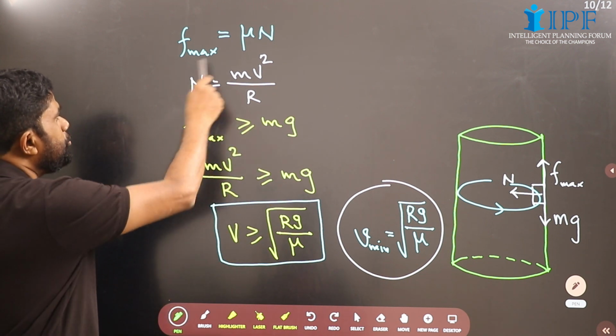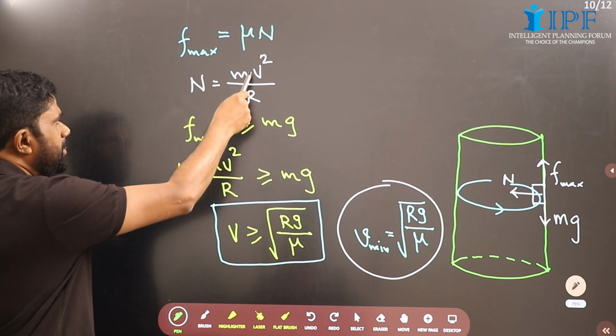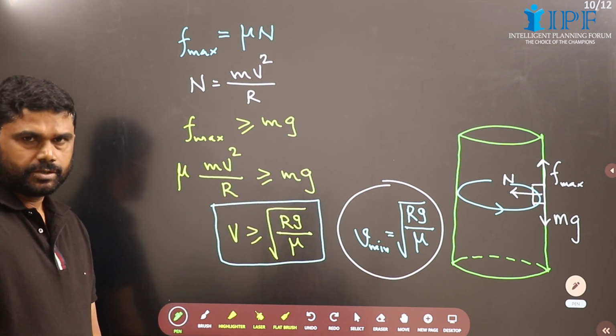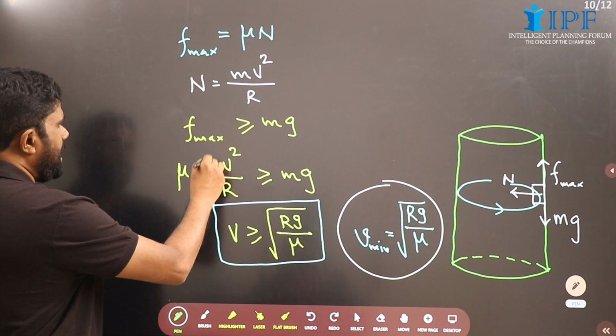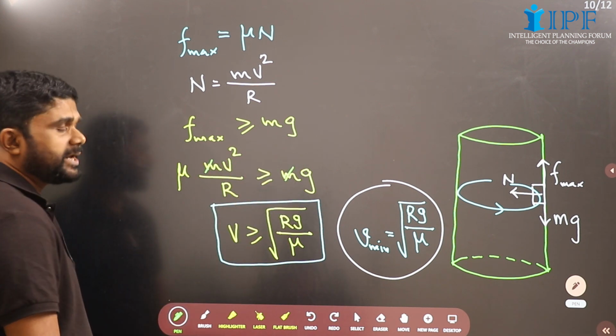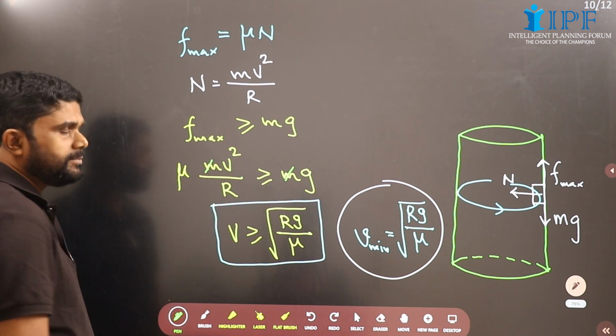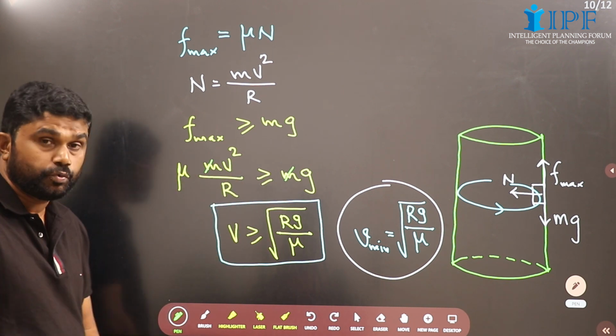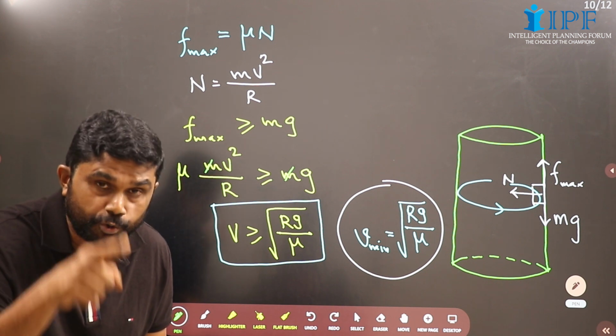F max is mu into normal reaction. Normal reaction is mv square by r, so mu mv square by r must be greater than or equal to mg. The m and m can be cancelled. This r taken to the right becomes rg. Mu taken to the right becomes rg by mu. So v must be greater than or equal to under root rg by mu.